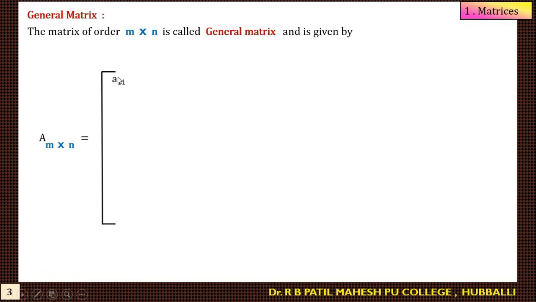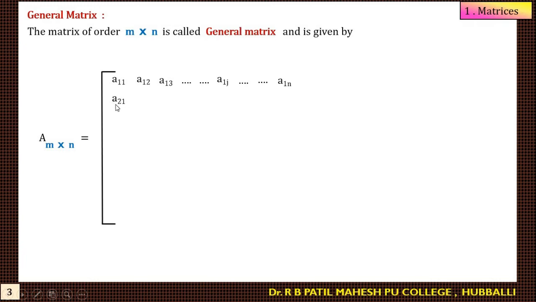A11 means first row, first column element, written in general form. Similarly, A12, first row, second column, then first row, third column A13, and so on, up to the first row, jth column, and so on. There are n columns, therefore the last element is first row, nth column, that is A1n.